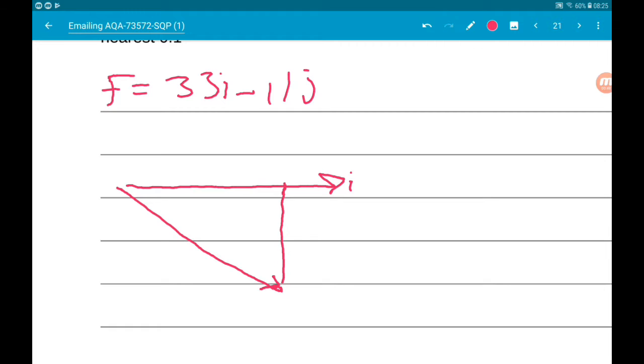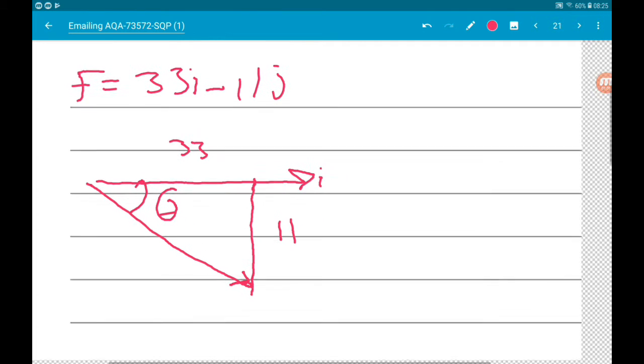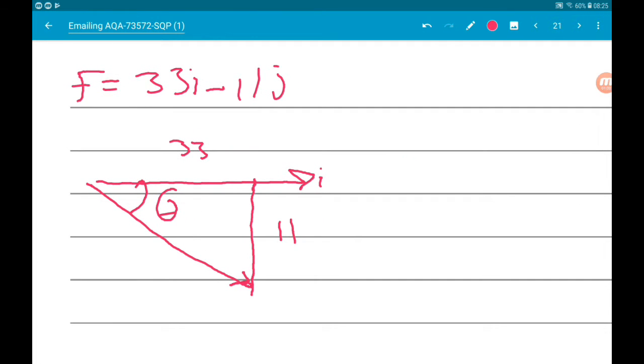We can make a right angled triangle. This is 33, this is 11, and this angle is theta. Then, using SOHCAHTOA, we know tan of theta is 11 over 33, which is a third.